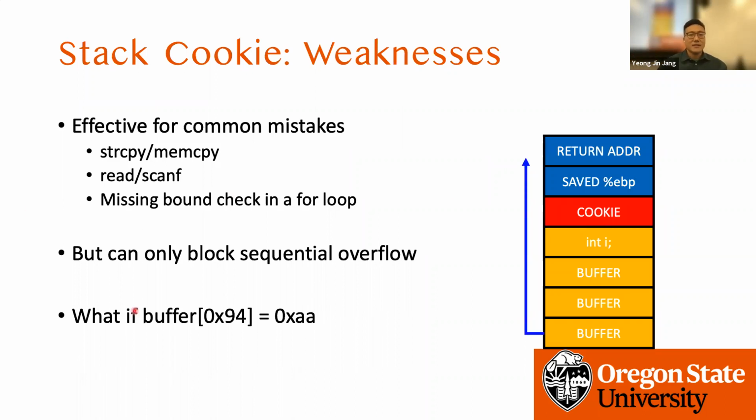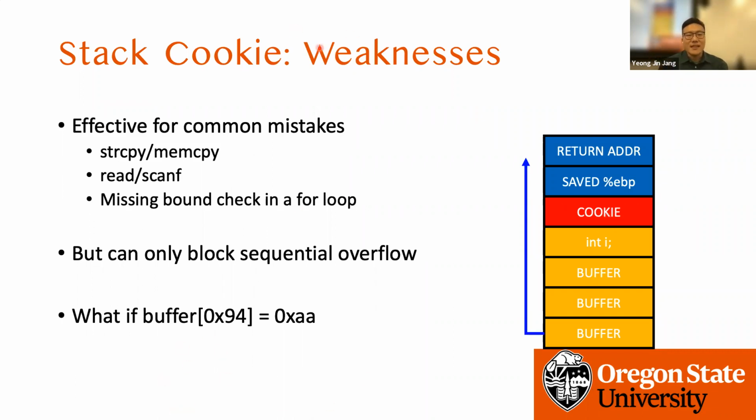But it is effective for common mistakes, such as using strcpy, memcpy, read, or scanf with an unknown size, because it will sequentially overwrite starting from here up to there. So with these functions, if you overwrite the return address, it is guaranteed that you must touch the stack cookie.